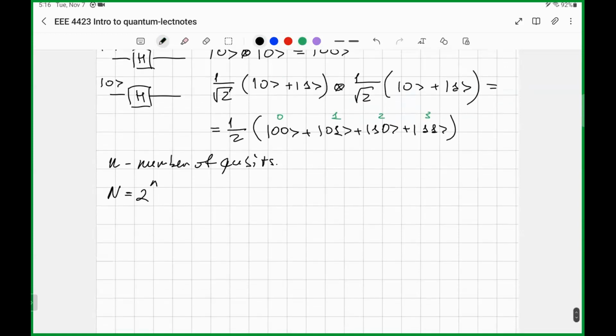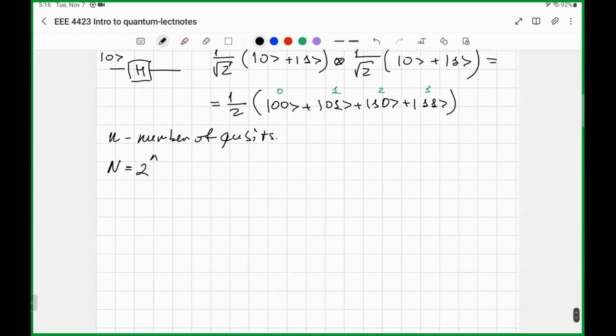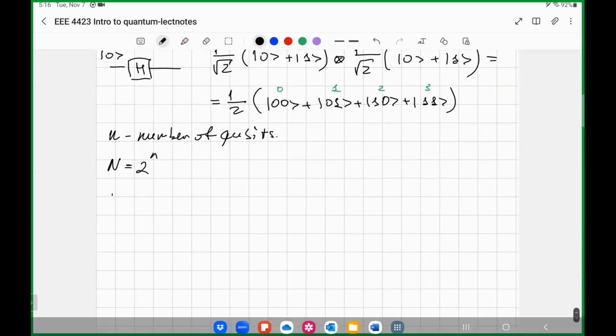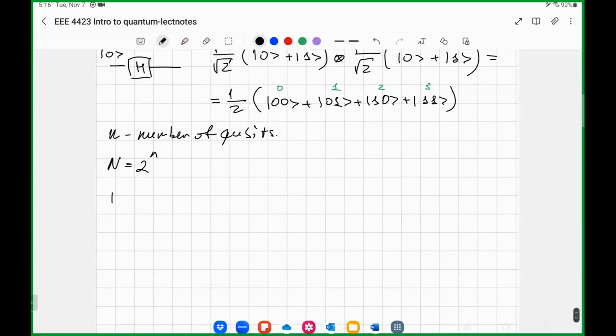So for the 2 qubit system like this with 2 Hadamard gates, I denote the uniform superposition state as the vector S, okay? And I can write this expression in the following way.